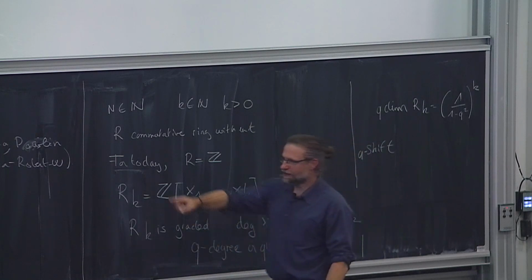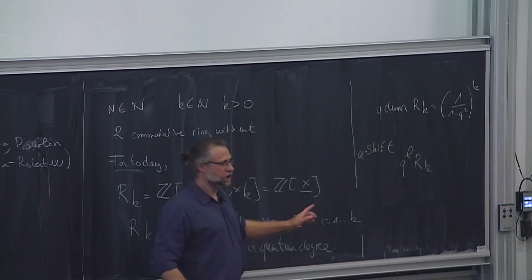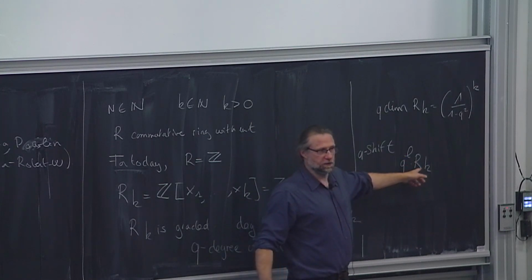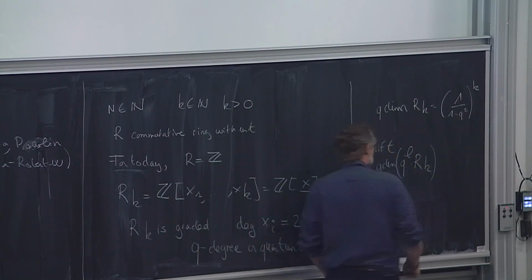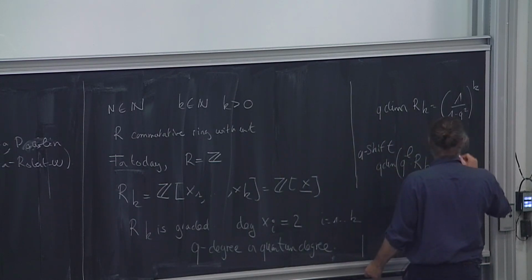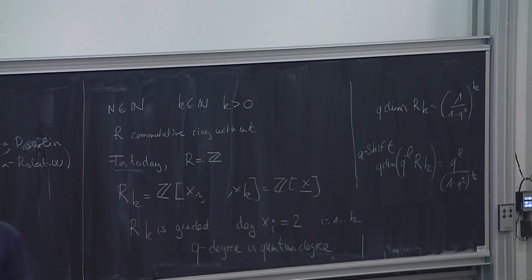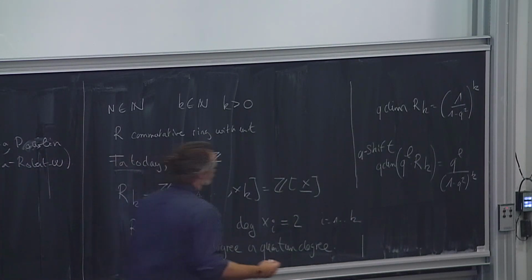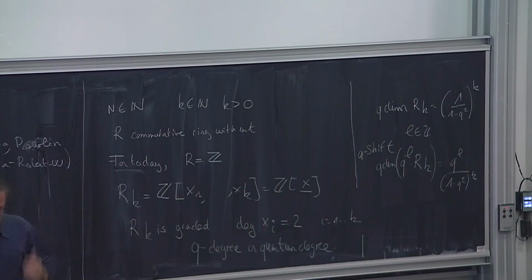I'm using this convention: Q^L R_k, the shift by L of the ring R_k. Just so you recall my convention, the Q dimension of Q^L R_k is Q^L over (1 minus Q squared) to the power k. I just shift the variable. And L in this shift could be any integer. So far, so good.